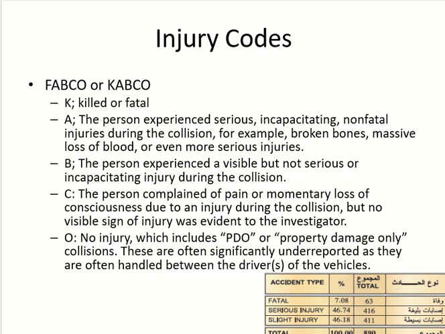Got it? So K is killed. Then we have A, B, C, O. Why it is A, B and C, I don't know. But I can tell you the severity.